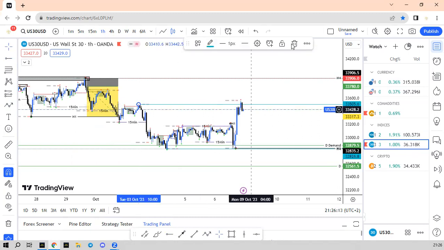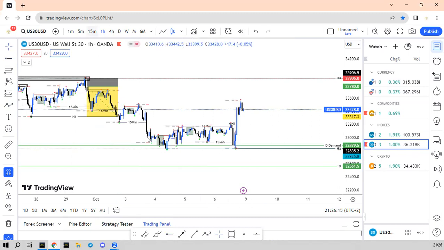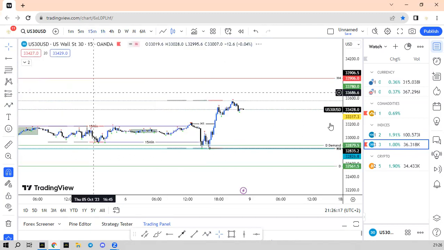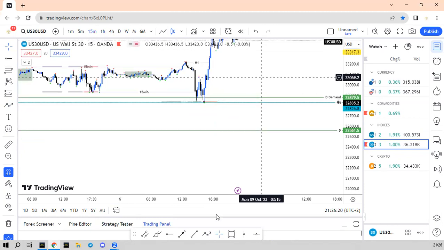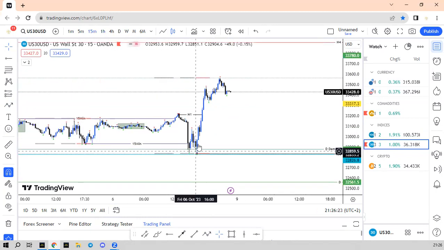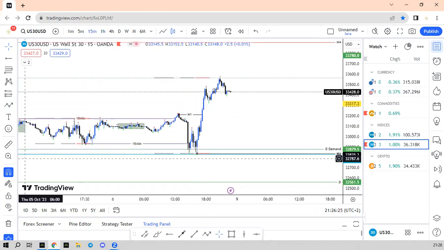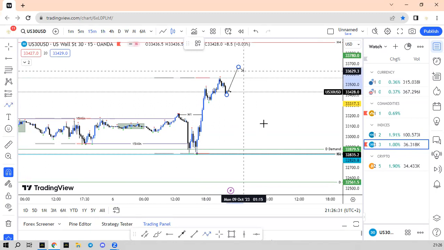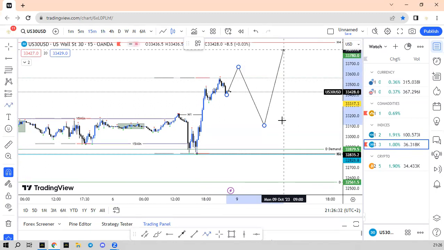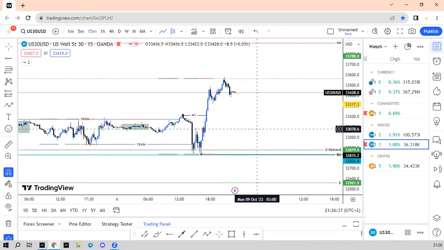So on 15 minutes, we might get a high. 15 minutes range, we have a low, we have not created a high yet. So what I'm expecting, maybe price might do something like this. However, I'm just waiting for a retracement so I can buy.